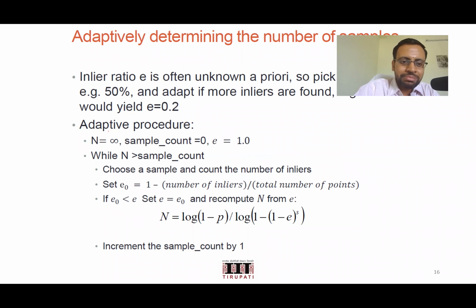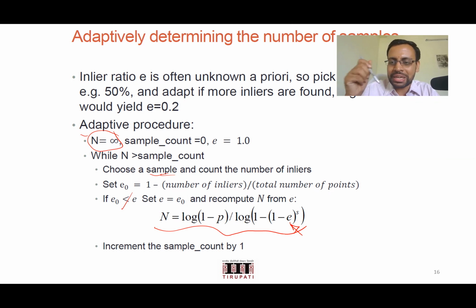You start with some value, you don't really know what n is, you just start, you randomly first pick one sample. For that sample you do a fit. First time, whatever you are getting as outliers would depend on your n value, which you compute here. Based on this e value, from next time onwards, at the end of every experiment, you recalculate the percentage of outliers you are getting for that particular experiment.